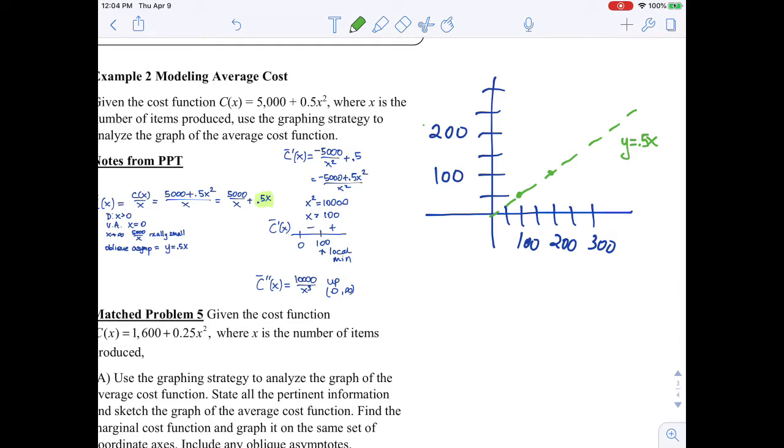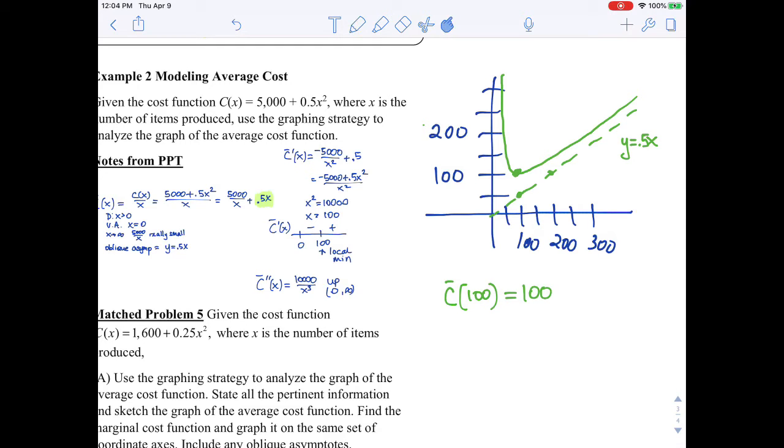So we need to find out what the value is at 100. When you substitute 100 back into your average cost function, you get 100. I know it's decreasing and then increasing, concave up.